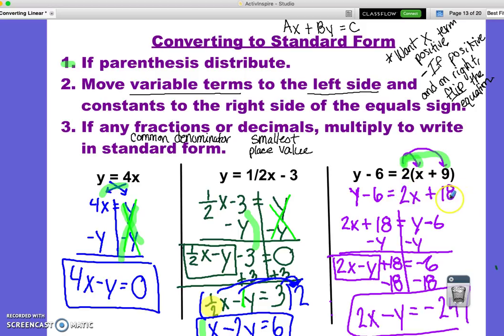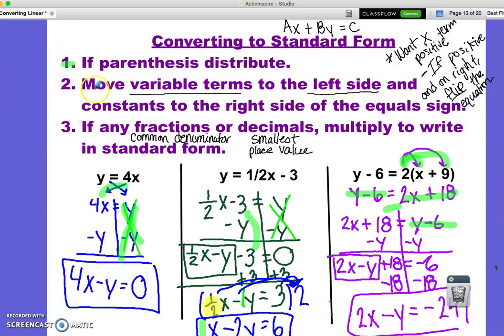So 2x plus 18. Again, my 2x is positive, so I'm just going to flip them. So it becomes 2x plus 18 equals whatever's on this side, which is y minus 6. It has to stay the exact same: 2x plus 18, y minus 6.